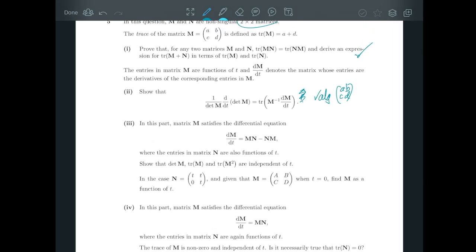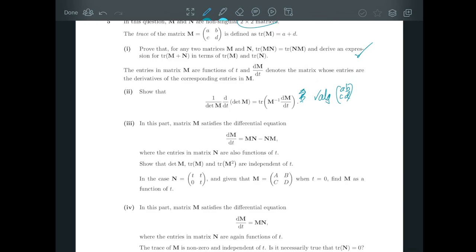Part 3, we're now solving a matrix differential equation. That's terrifying. Show that certain things are independent of t. Okay, well, we're likely to apply part 2. In the case where n is that and m is that, when t is 0, find m as a function.